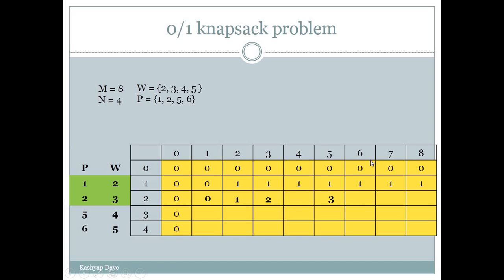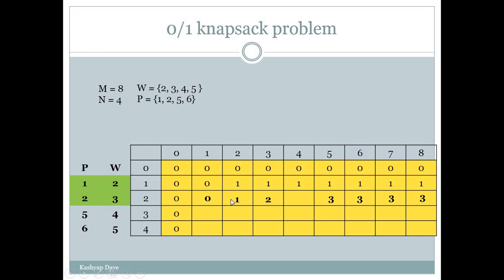Again, if our limit is 6, then our weight is 3 plus 2, 5, so we can add total profit 3 here. Our limit is 7, but we have only weight of 5, so we can gain profit 3. Again for 8, same thing, our profit will be 3.